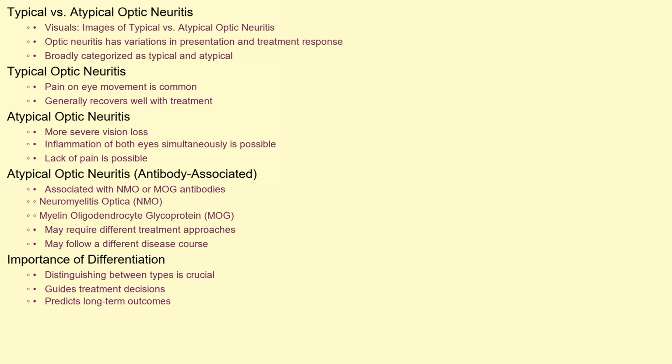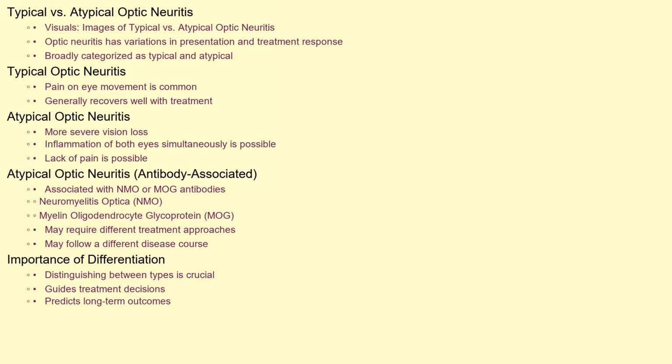While optic neuritis generally presents with the symptoms we've discussed, there are variations in how it appears and responds to treatment. We can broadly categorize it as typical and atypical optic neuritis. Typical optic neuritis often presents with pain on eye movement and recovers well with treatment.